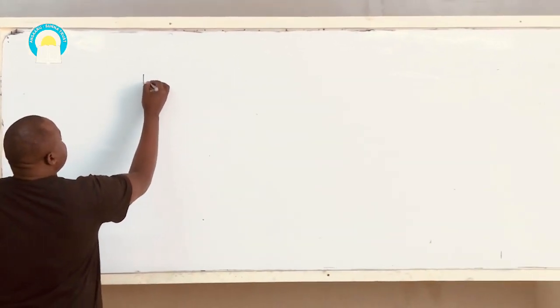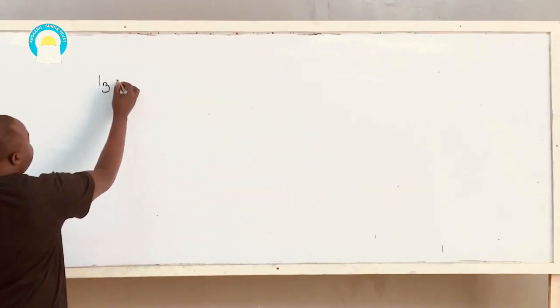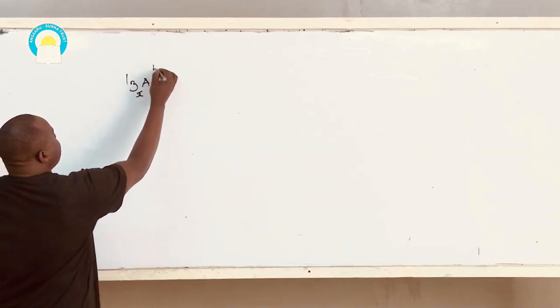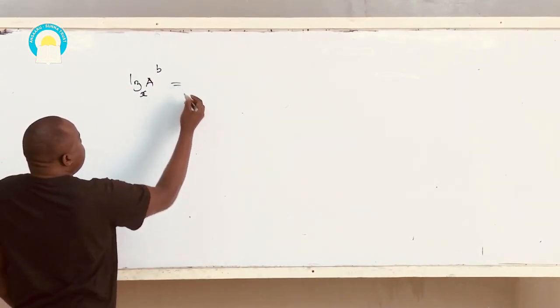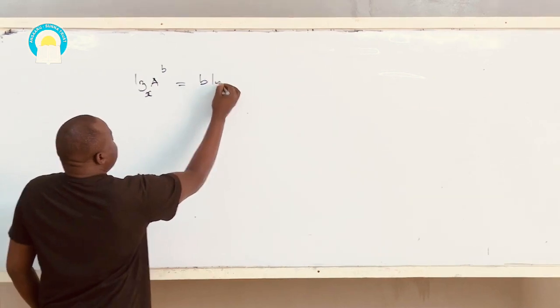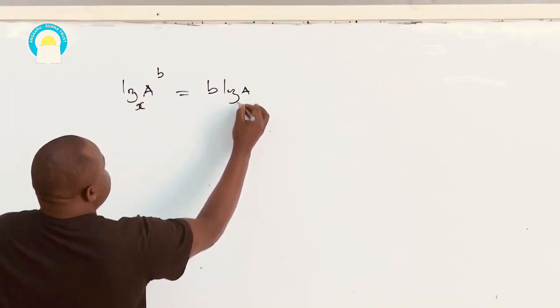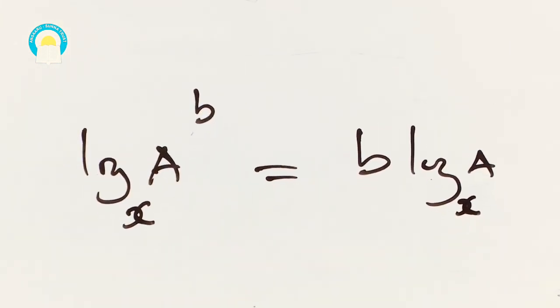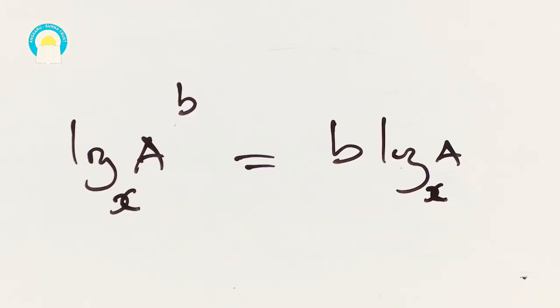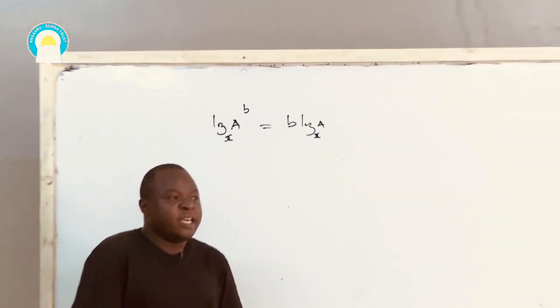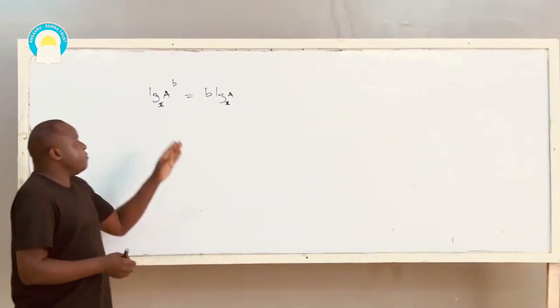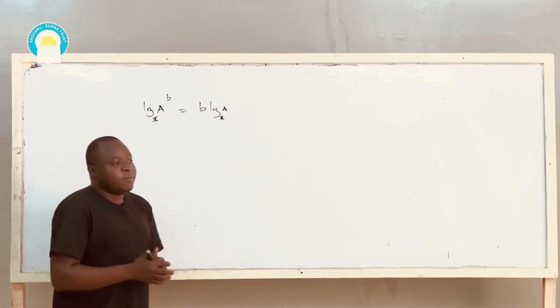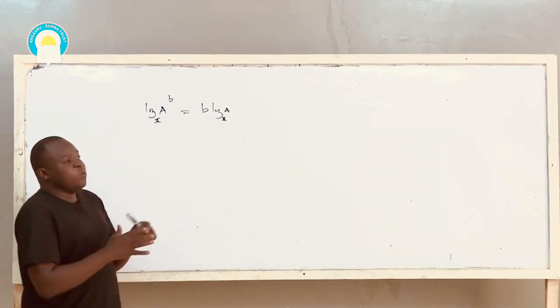So I left it at the third law, just a reminder, which was log a base x equals to b, which was the same as b log a base x. I tried to explain how this is supposed to be used, especially when it comes to simplifying fractions where division is involved. We did some few examples, and I think you can remember that.